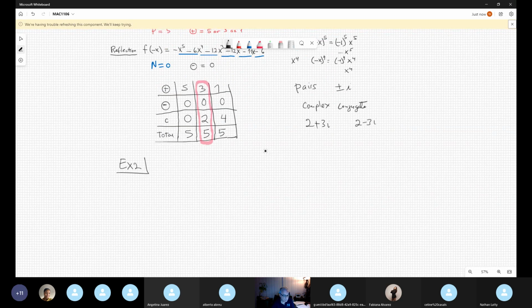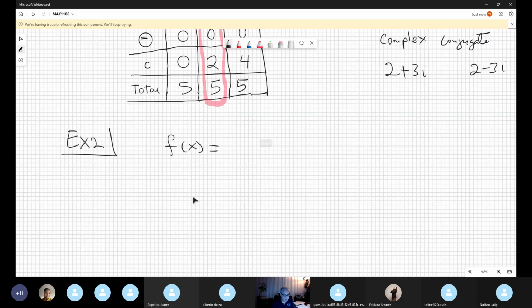Suppose this example. F of x is equal to, let me zoom, x cubed minus 7x squared plus 15x minus 9. Okay. As always, what is my equation?